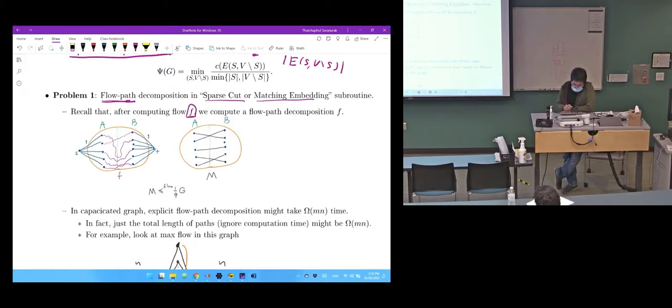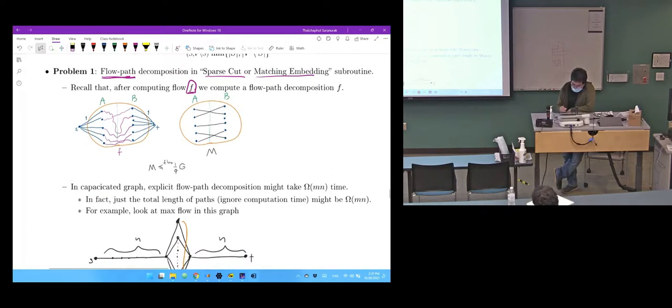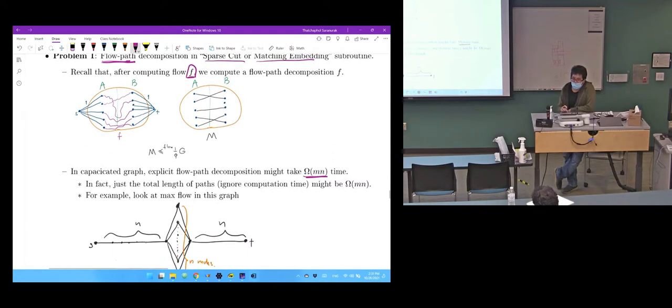But this is not really fast in a capacitated graph, because it might take mn time if you want to extract all the paths explicitly.